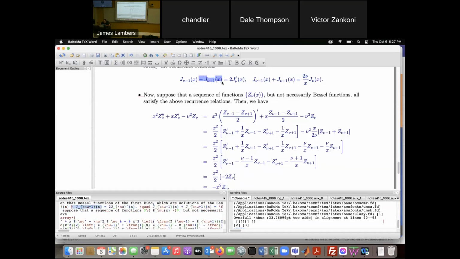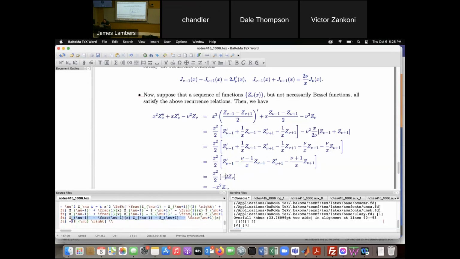Well, the z nu plus 1 terms will cancel out. I'll just have z nu minus 1, 2 of them. That's equal to this plus this. And then similarly, if I were to subtract these, I can get the z nu minus 1 terms to cancel. I'll have a difference of these. That's the trick we used to get from here to here. I should point out that something like this plays a role in the homework problem about these recurrence relations.